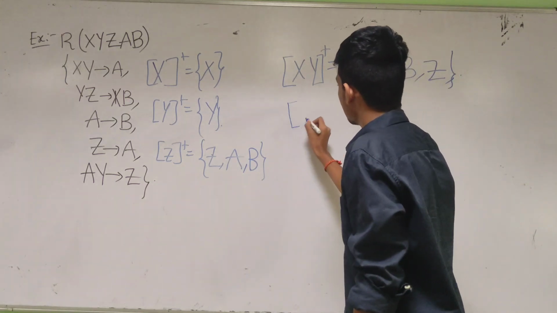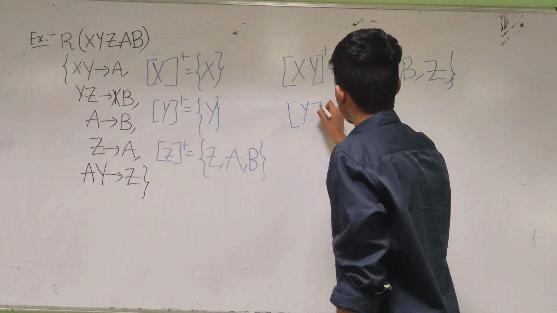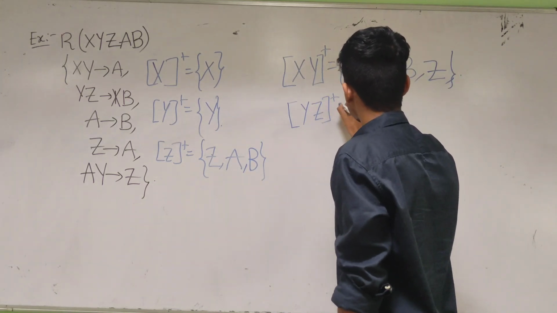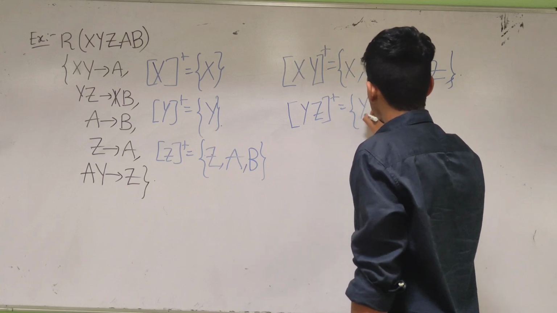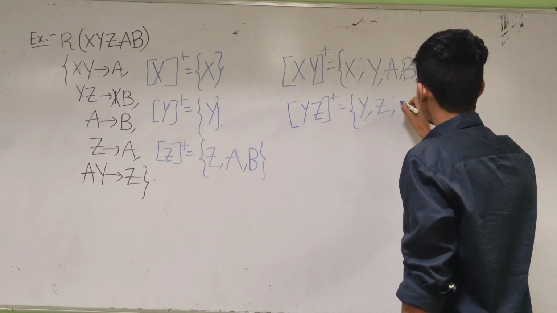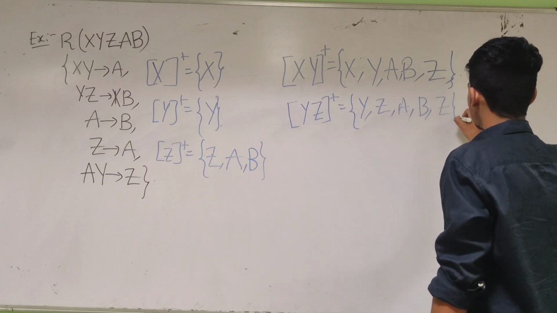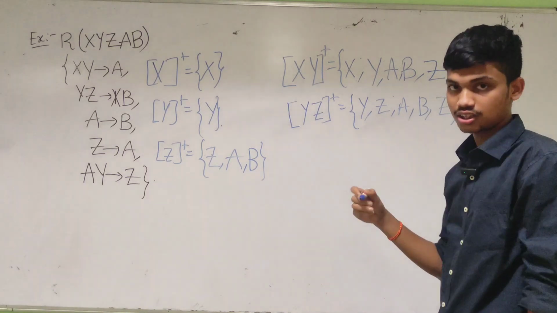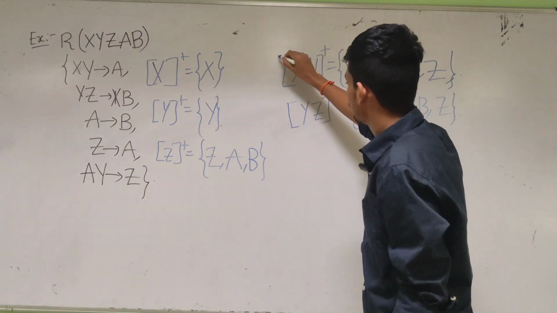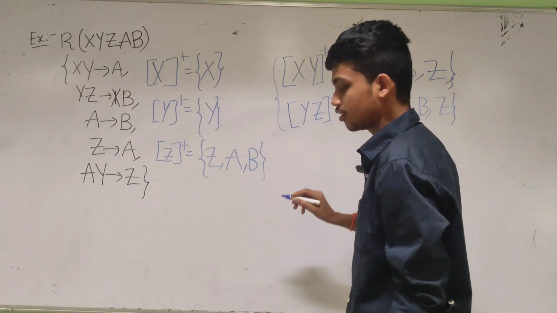In the same way I am doing the YZ closure also. We will get Y, we will get Z. Similarly we will get A, B and X also. Look at my previous lecture for this one, you can understand very easily. If you do all, you will get that these two are the candidate keys.